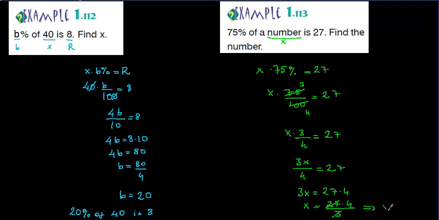Then x becomes equal to 27 over 3, which is 9. So 9 times 4 is x, which is equal to 36. So 75% of 36 is 27.